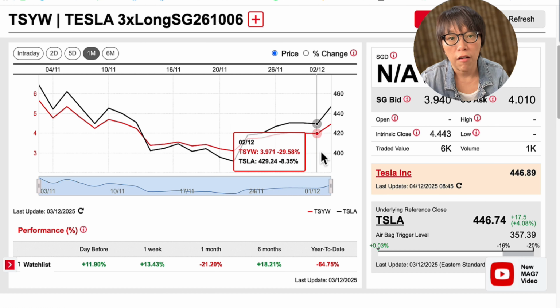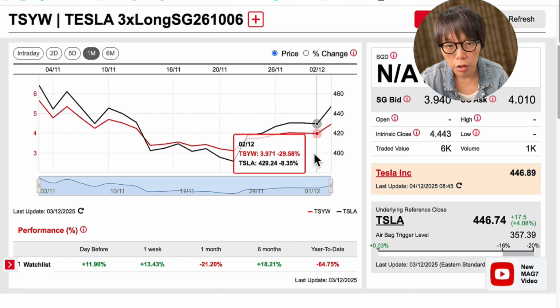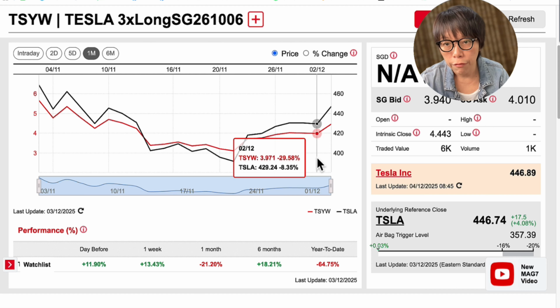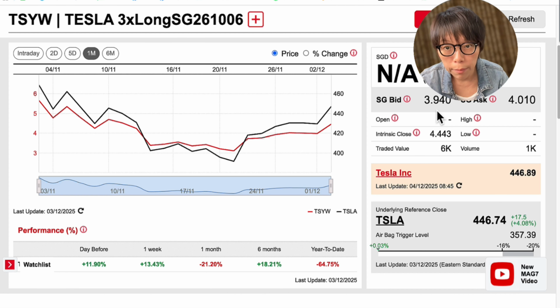Now, this means that instead of buying into Tesla stock, you might want to consider trading DLCs for a few advantages, such as it is cheaper because Tesla is about $400, but the DLC is trading in Singapore dollars at about $4. But again, do note the risk involved in trading DLCs.